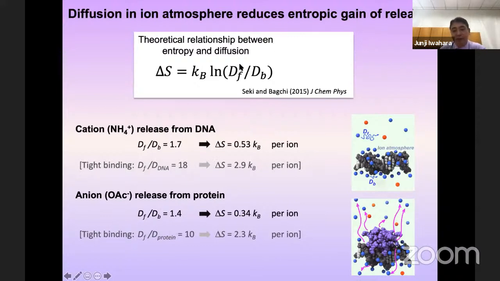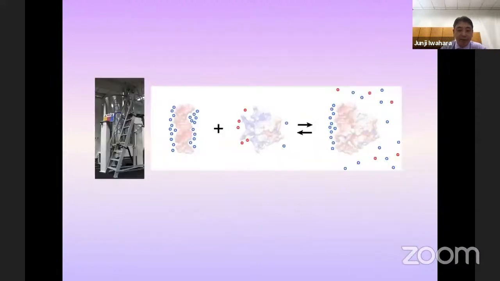And if you use the theoretical relationship between entropy and diffusion published by Seki and Bagchi in 2015, you expect a much bigger entropic change for ion release. For the ion release from the protein, the entropic effect is predicted to be even smaller. So a larger number of released ions does not necessarily mean a larger entropic gain upon ion release.